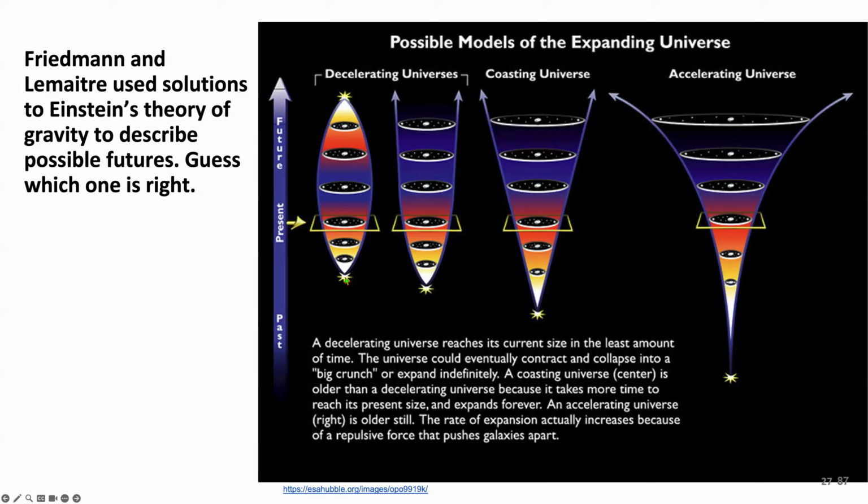And it turns out that Einstein's theory tells us if there was enough matter in the universe, that primeval atom would grow into a universe that would ultimately collapse because gravity would overtake all of the elements in the universe and force the universe to recollapse. There are different versions of this. Another one is that the universe would get bigger and just kind of coast to gradually larger. Here's the coasting version.